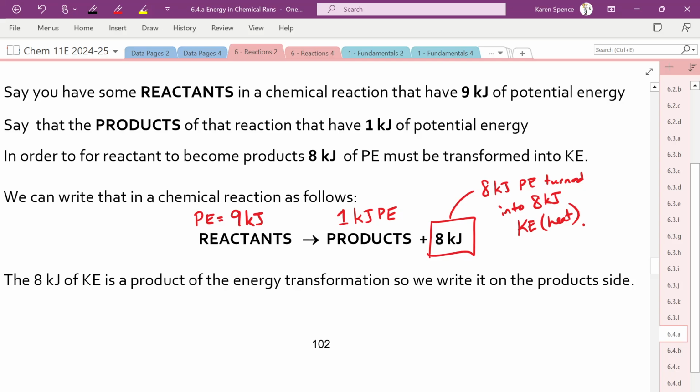And so now, are the particles moving faster or slower? They're moving faster, and so the temperature goes up. And if we were to write just a generic exothermic reaction, the energy term exits the reaction arrow.